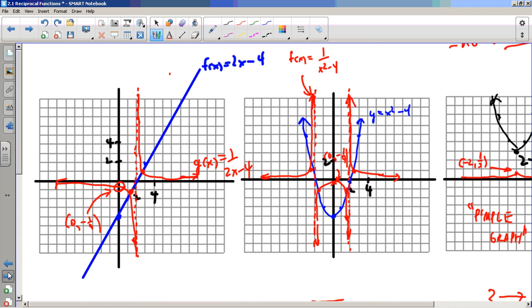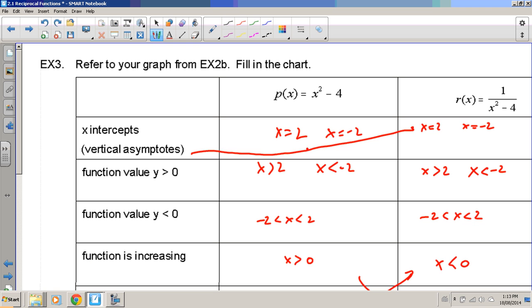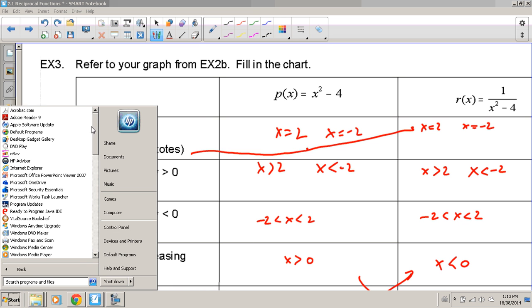Well, what's the decimal value of that? Decimal value of that is around, well, I don't have it written down, but I suppose we could use a calculator. Get my calculator out here.